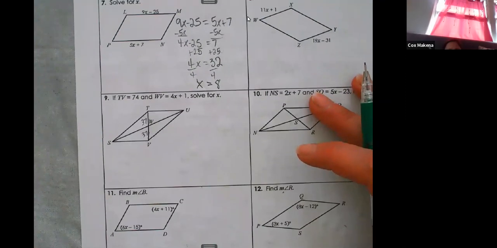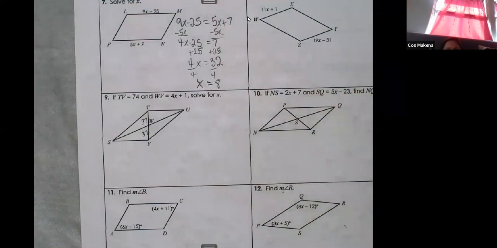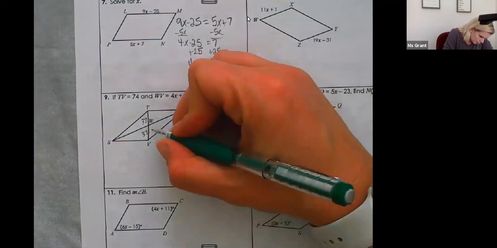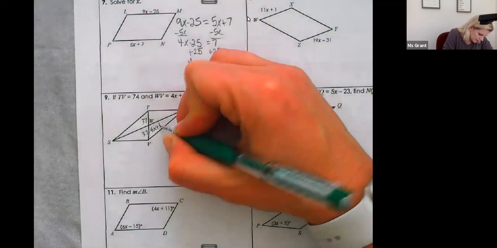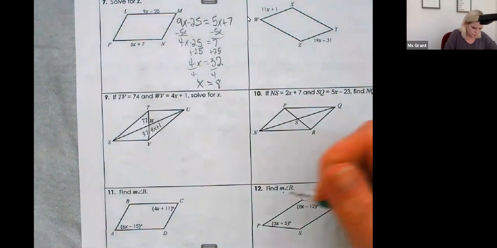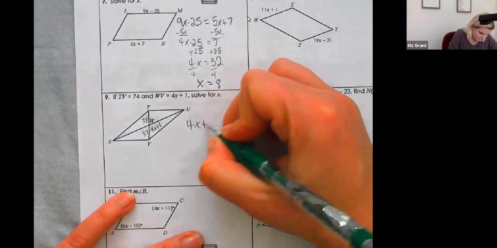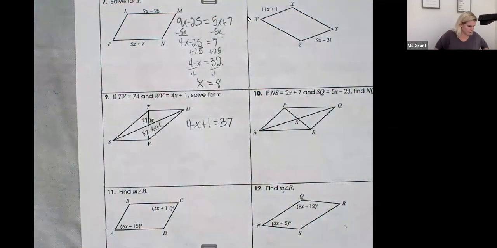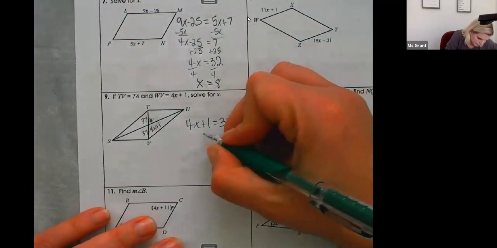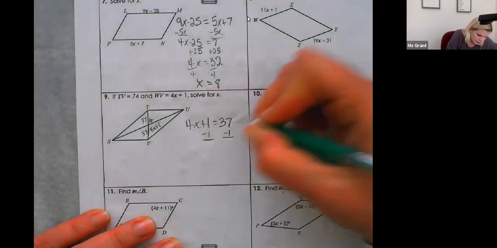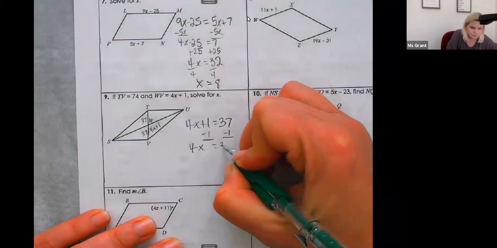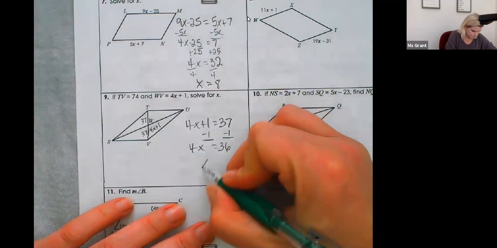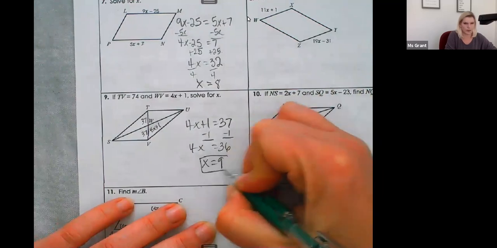Yep. And then it says WV is 4x plus 1. So I know that 4x plus 1 is the same as this 37. So go ahead and subtract 1. Just solve for x. Right? Easy. X equals 9.